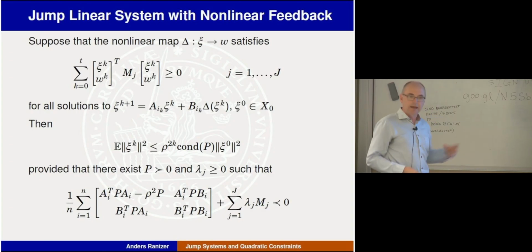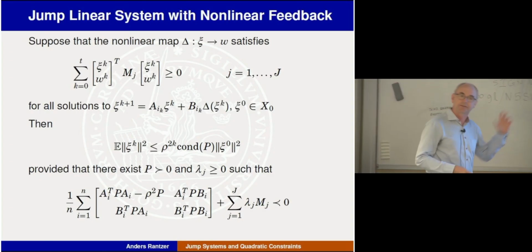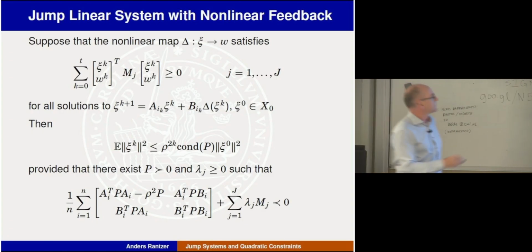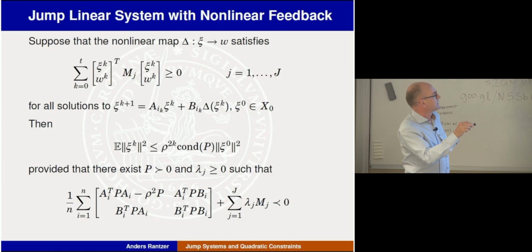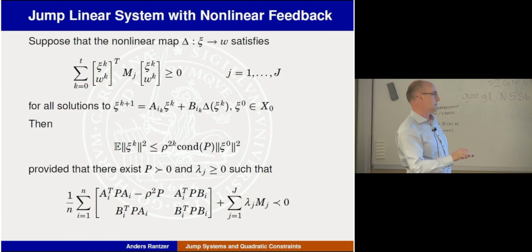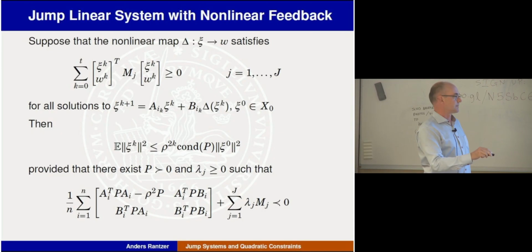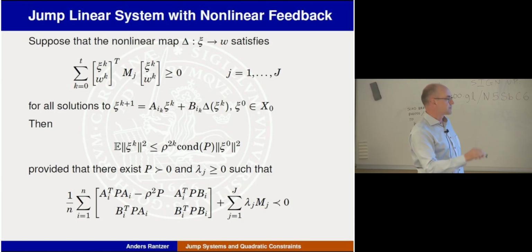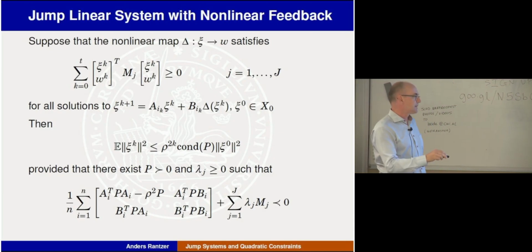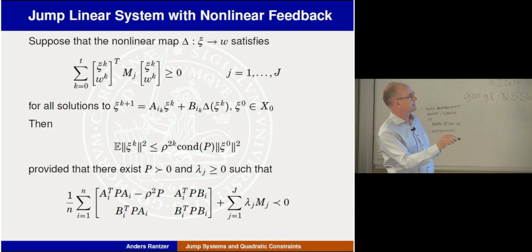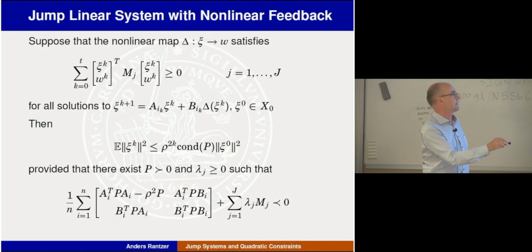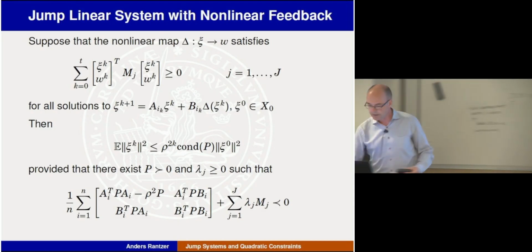So that's the theorem, and actually it's rather trivial to prove it, because if you notice here that you multiply M from right and left by this vector, if you do that same thing with this expression, you see all these terms become non-negative, so the only chance that the total becomes negative is that the first term is negative. And this becomes a telescope sum when you apply the linear inequality. So everything but the first and last expression vanishes, and all that remains is this. Okay, so that's the theorem.